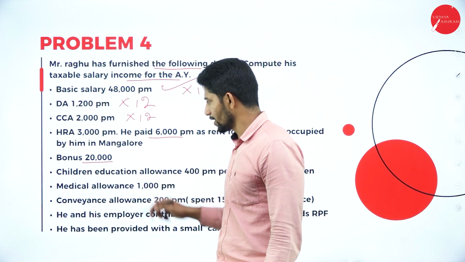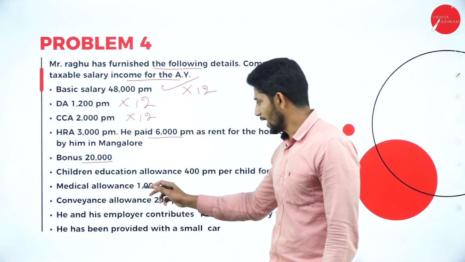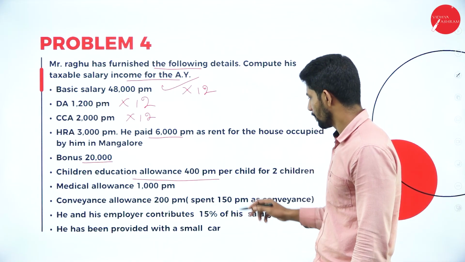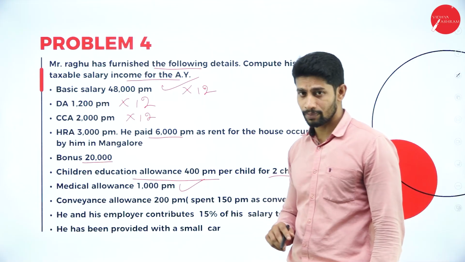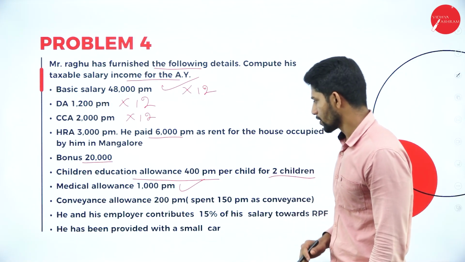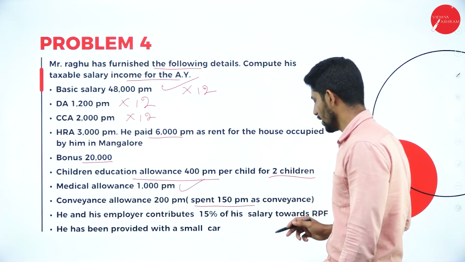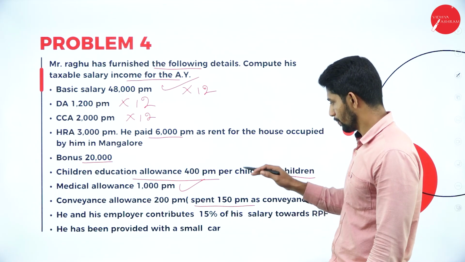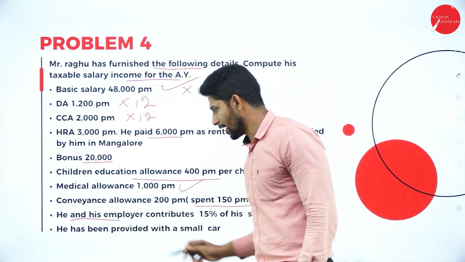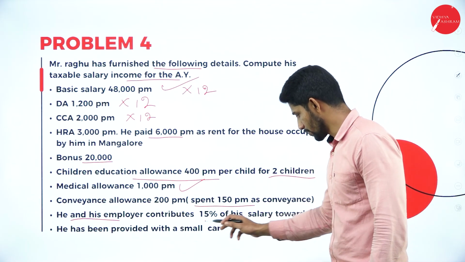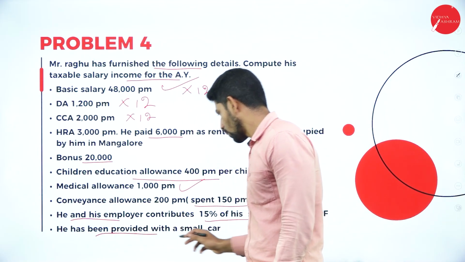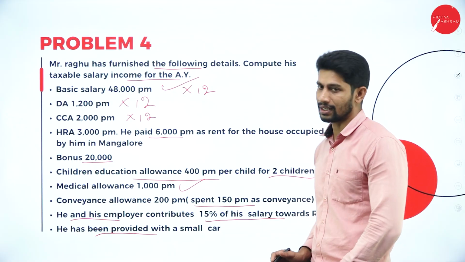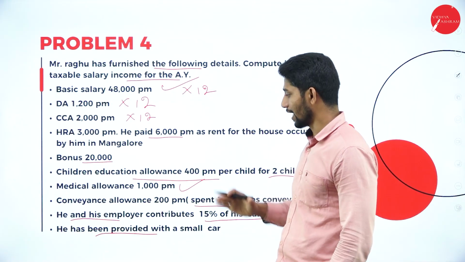Next, bonus is 20,000 and children education allowance 400 per month for 2 children. And medical allowance is 1,000 per month. Conveyance allowance is rupees 200 per month and he spent only 150 for the specific purpose. He and his employer contribute 15% of salary towards RPF and he has been provided with a small car.